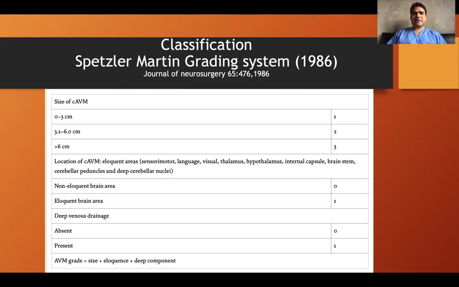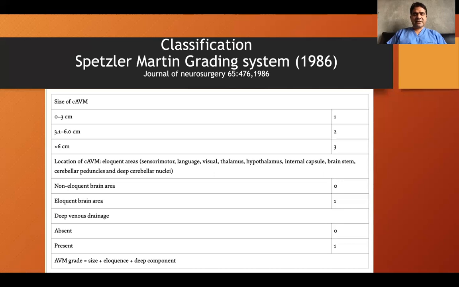According to the Spetzler-Martin grading system, it has three components: one is size, another is location, and third is the nature of venous drainage, whether deep. This Spetzler-Martin grading system predicts mortality, morbidity, and risk of surgery. It is very well accepted all over the world.